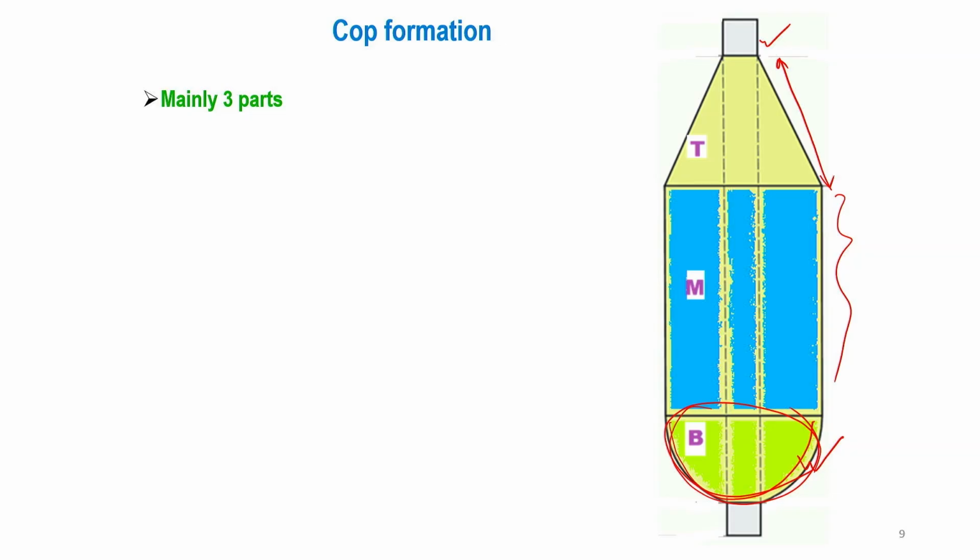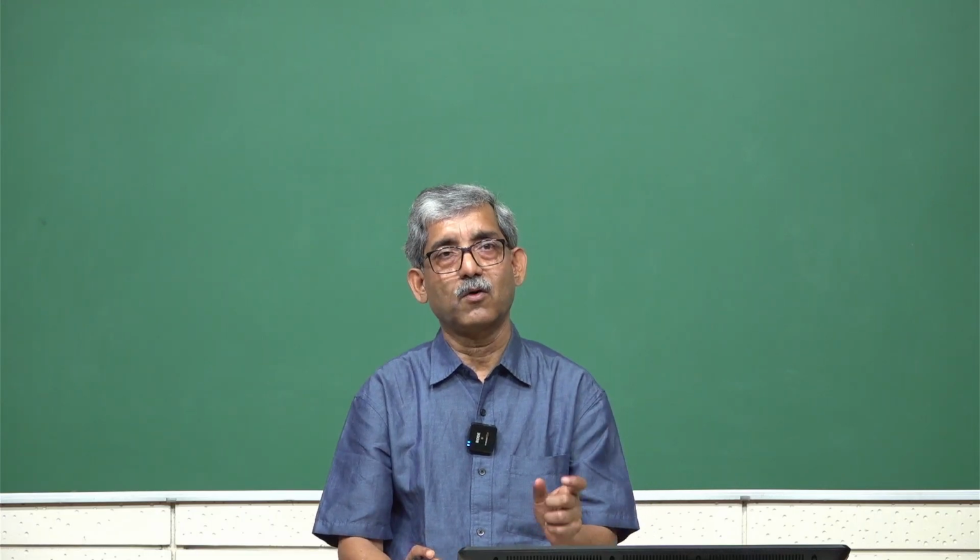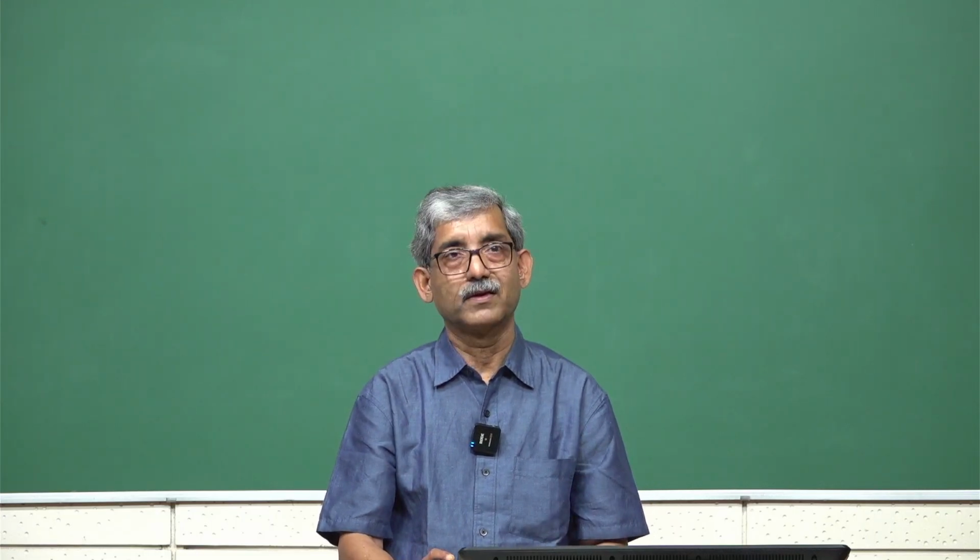This conical formation is there throughout the bobbin. It is required for easy unwinding, nose unwinding from the top, since very high speed unwinding is required. So this type of conical formation at the top should always be there.